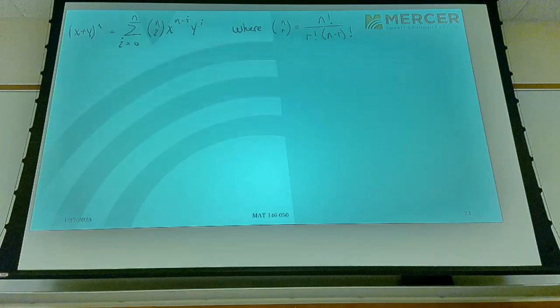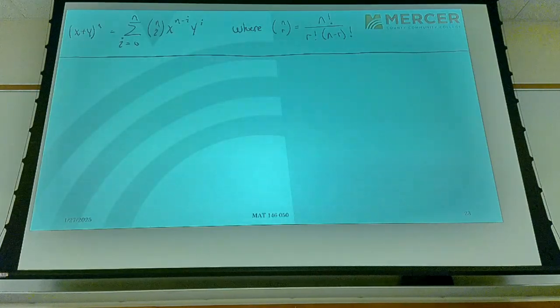n choose r is the nr binomial number. That's the hardest part. But there's a nice relationship. Ever heard of Pascal's triangle?